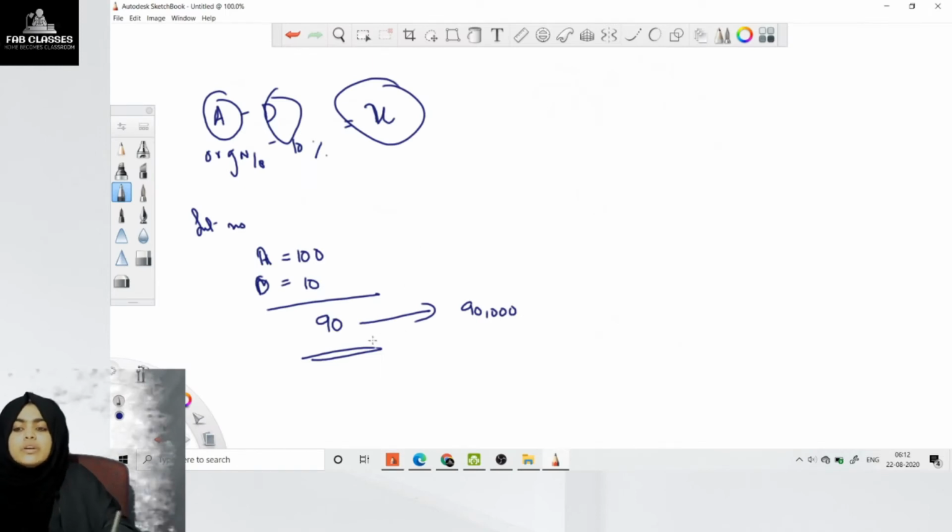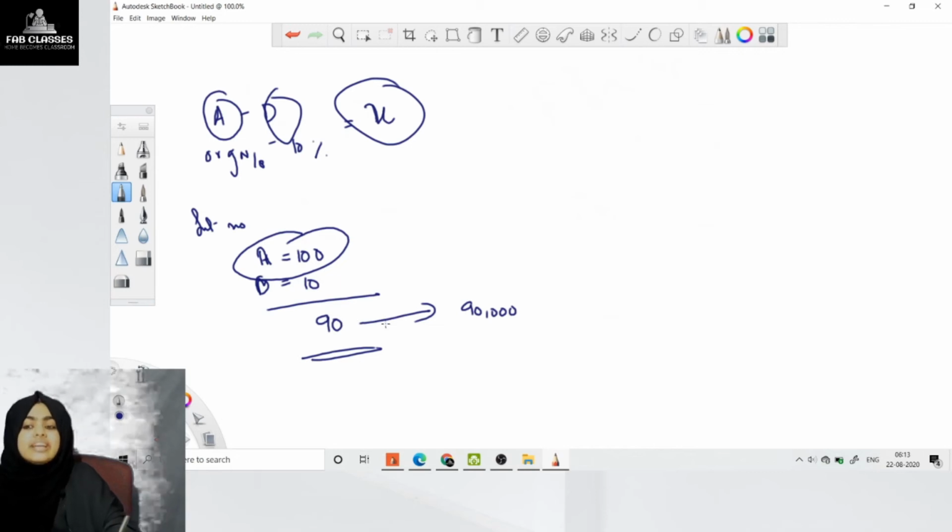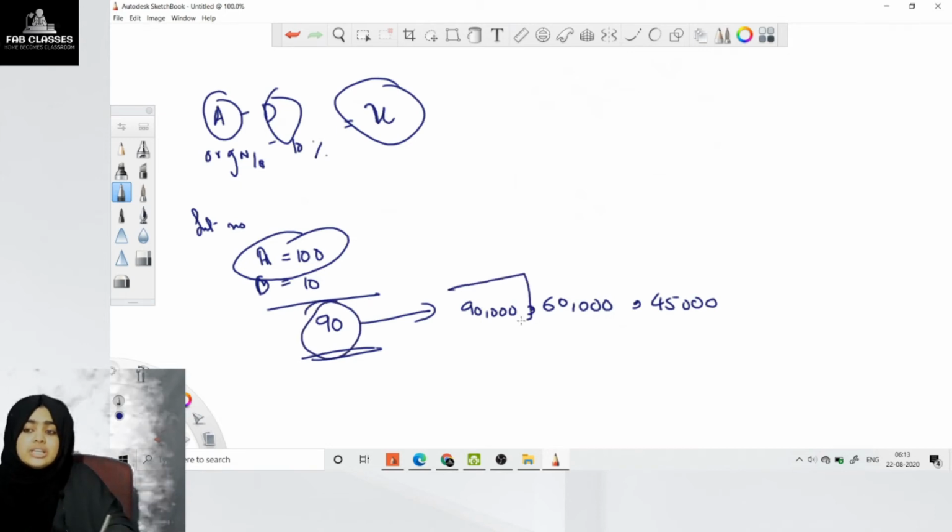Okay, so we are assuming that A, the original net profit, is 100, and if we deduct the 10% manager's commission, the amount which we obtain will be 90, and the 90 portion is given in the question as 90,000 in case of department P, 60,000 in case of department S and 45,000 in case of department Q. So if the 90 portion is 90,000, then what will be the 10 portion?